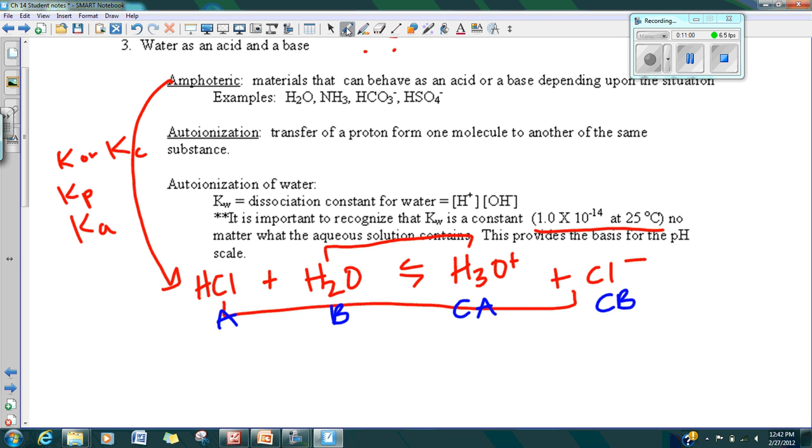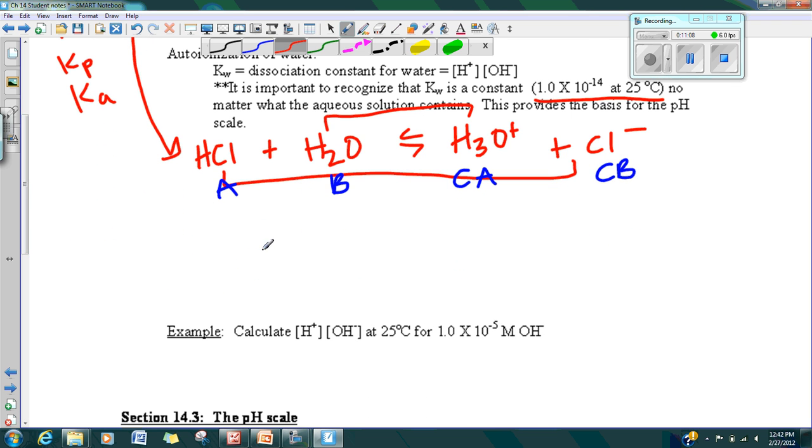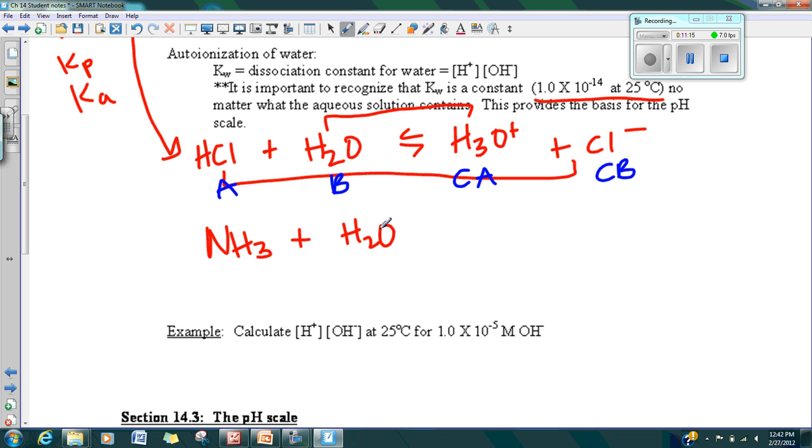Well, if I draw you another equation, you are going to see very quickly that water is amphoteric. So if I do NH3, ammonia, something that smells like Windex, and water, it dissociates into NH4 ion, the ammonium ion, plus my hydroxide. Again, keep in mind that we're applying the same definitions.